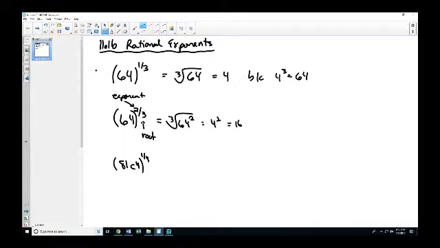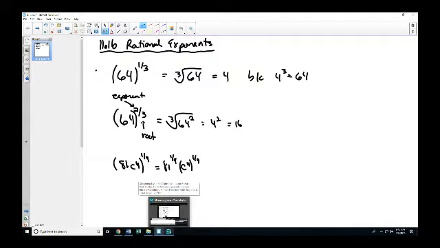Remember, this is multiplication, so you can put the 1/4 on both of them: 81 to the 1/4 and c to the 4th to the 1/4. You can do that. Remember not to do that if this is addition. Keep those algebra atrocities off your sheet.